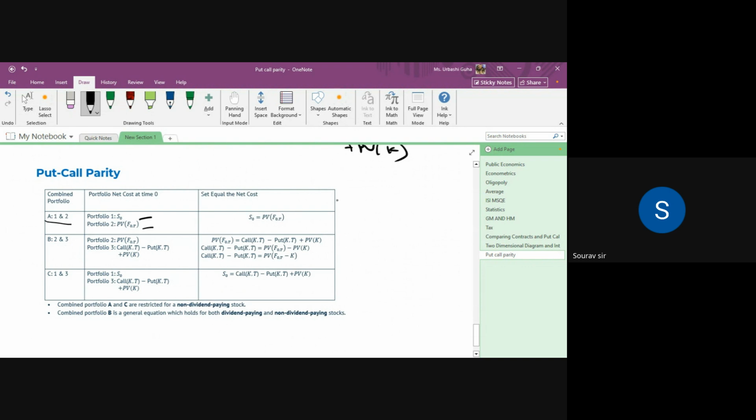So what is this? Since both strategies lead to owning the stock at time T, their cost must be equal.